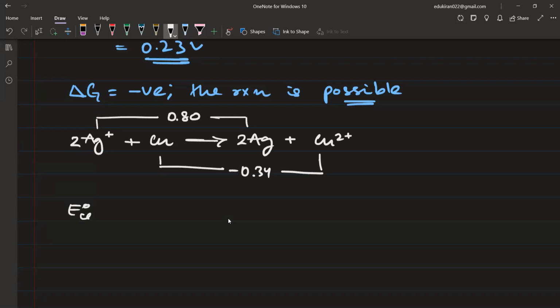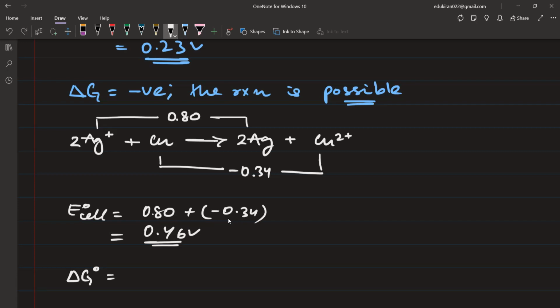So you can write E naught of cell is equal to 0.80 plus minus of 0.34. How much will this answer come? 0.46. So delta G naught will also be negative because E naught cell is positive. So it is possible.